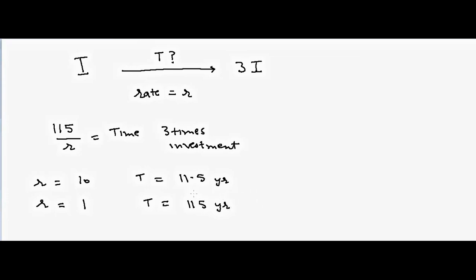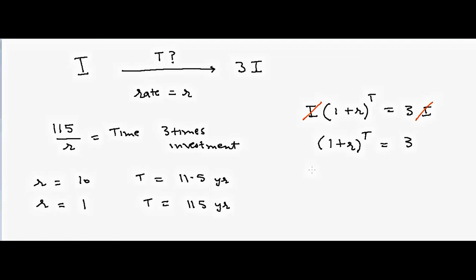So why does this happen? Let's try to solve this problem with the journal approach. The journal approach is to have your investment, and we multiply this investment by 1 plus the interest rate, and each year it is compounded, so we raise it to the power t, and that should be equal to 3I because we are looking for the investment to grow three times. In that case, I will cancel out, and we're left with (1 plus R) raised to the power t is equal to 3.